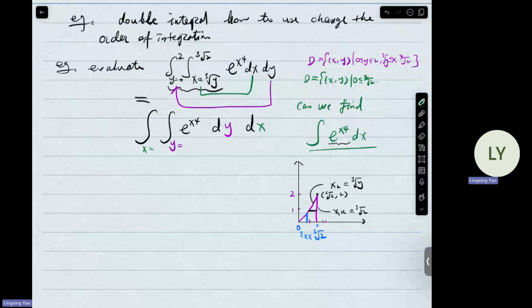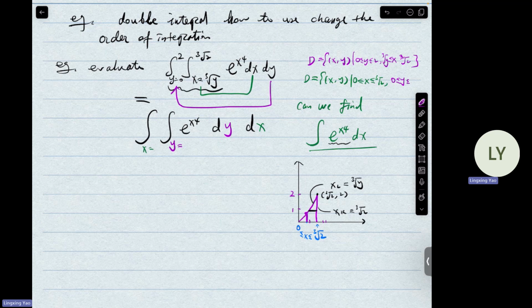Oh, I forgot the x. Okay, and how about the y variable? The y variable will start from 0, you can see, and stop at this point here. What are the bounds of y if x is arbitrary?